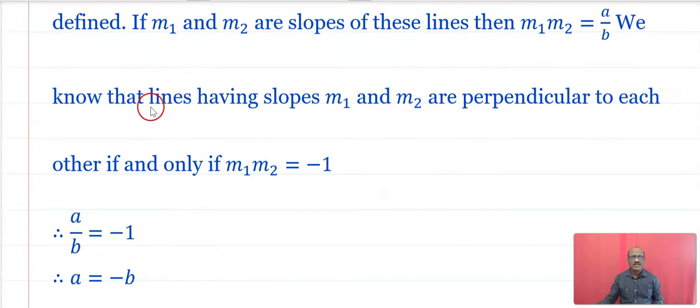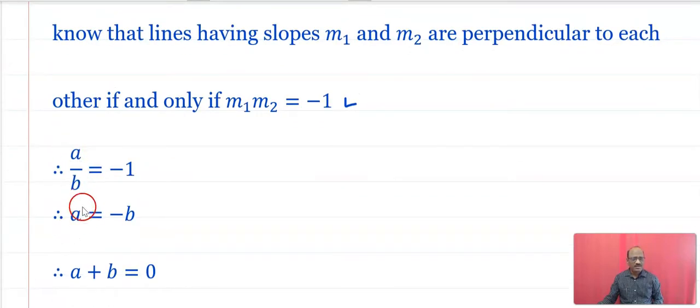We know that lines having slopes m1 and m2 are perpendicular to each other if and only if the product of slopes is minus 1. Hence, since m1 into m2 is a upon b, a is equal to minus b, and therefore a plus b equals 0.